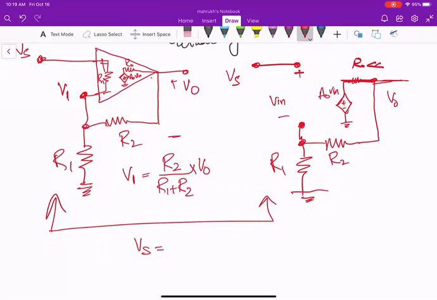If I don't think about this right now and just think about the outer circuit, then my V1 is equal to R2, no, sorry, should be R1. R1 by R1 plus R2 into V naught.